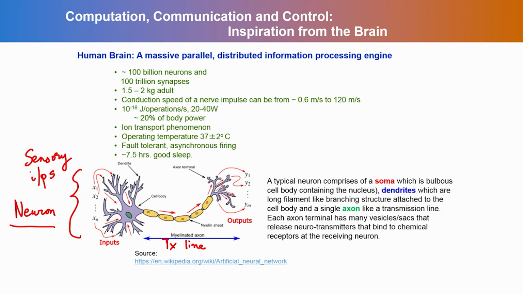These are axon terminals, and they have these small sacs like this, right. They are called vesicles or sacs that release neurotransmitters which bind to the chemical receptors at the receiving neuron. I will get into the details when I talk about synapses.